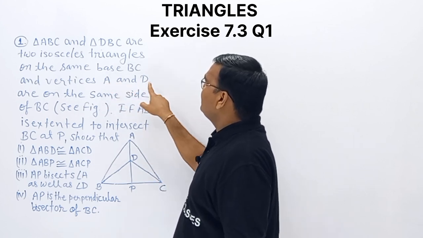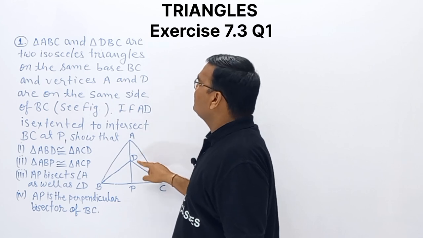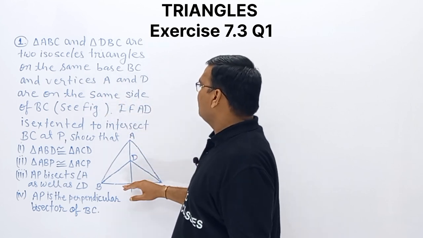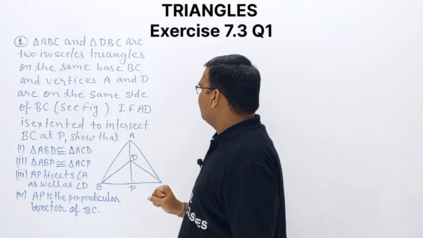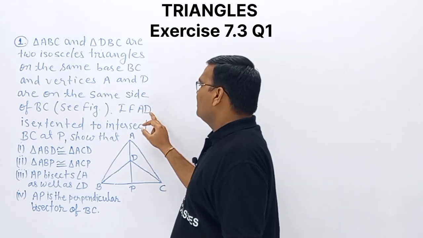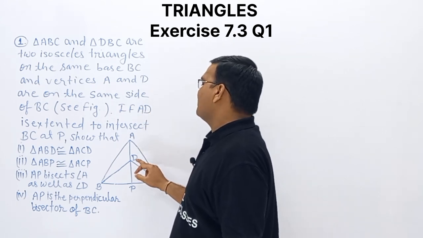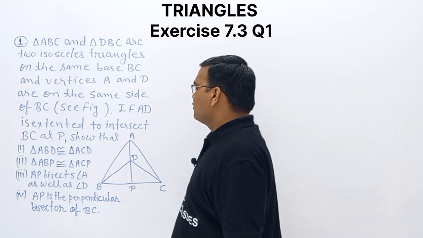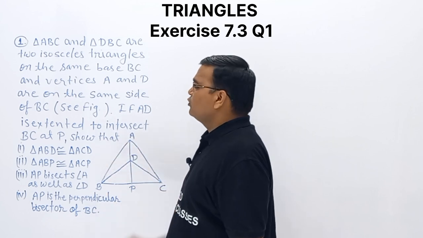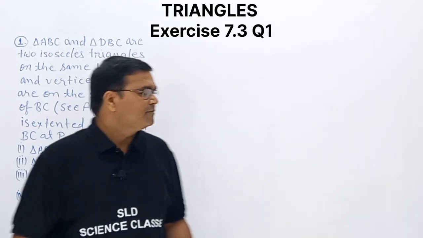Vertex A and D are on the same side of BC as shown in the figure. If AD is extended to intersect BC at P, then we want to show these things. Observe carefully.